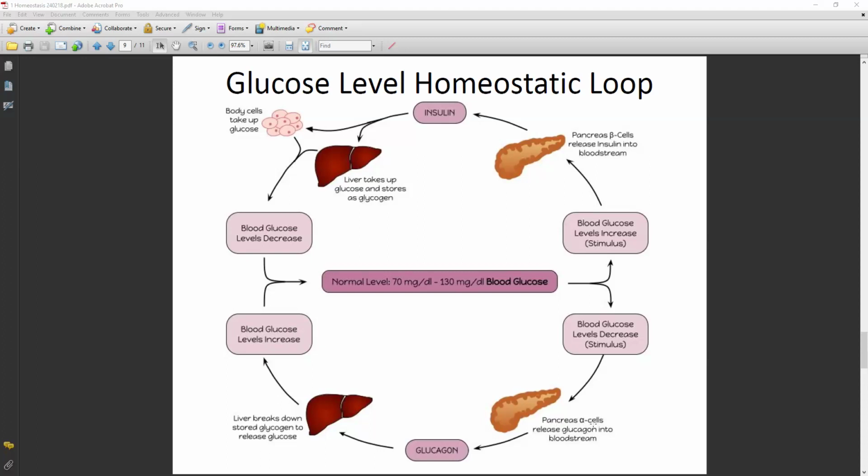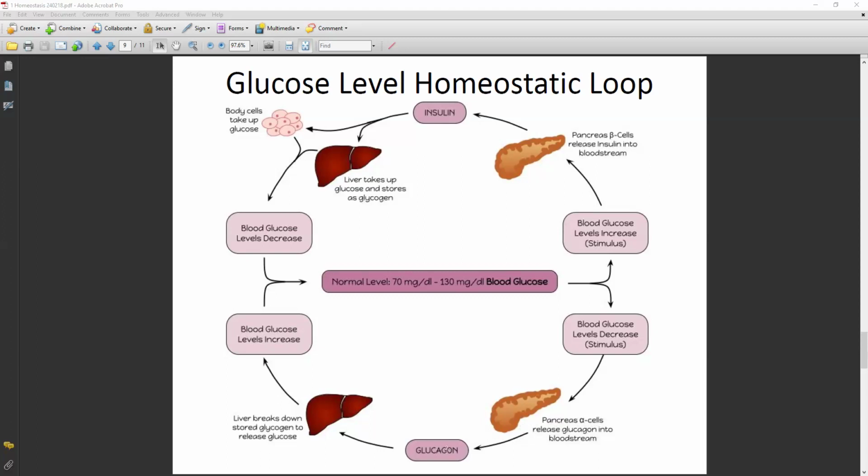The alpha cell has a sensor portion, so it will detect it, and it is itself also the integrator, so it will respond. It will quickly release a hormone to tell the effector to do something. The alpha cell will release glucagon. So glucagon is a hormone released from alpha cells.